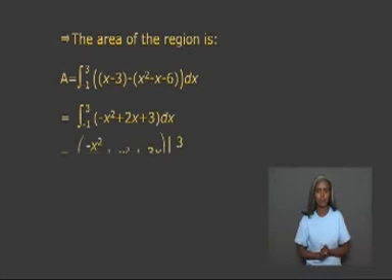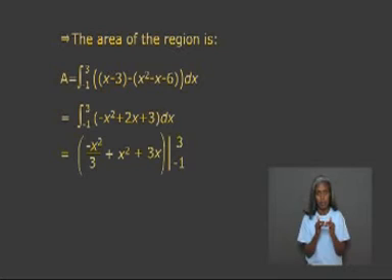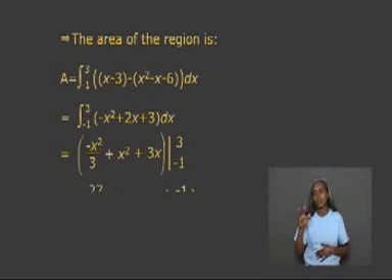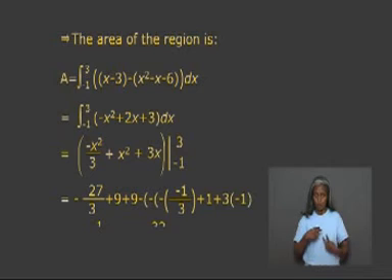This equals negative x cubed over 3 plus x squared plus 3x restricted from negative 1 to 3. We have almost finished.